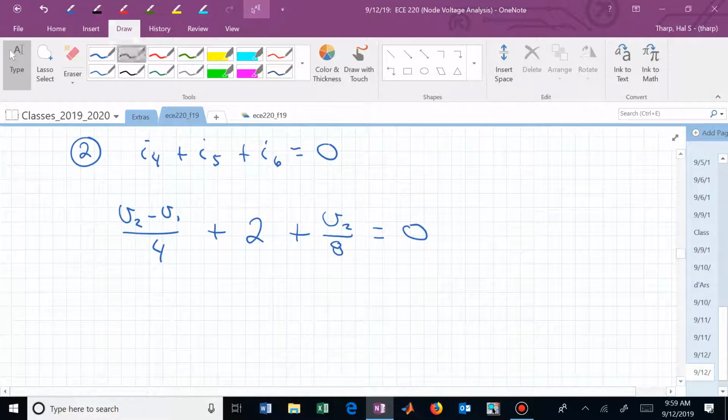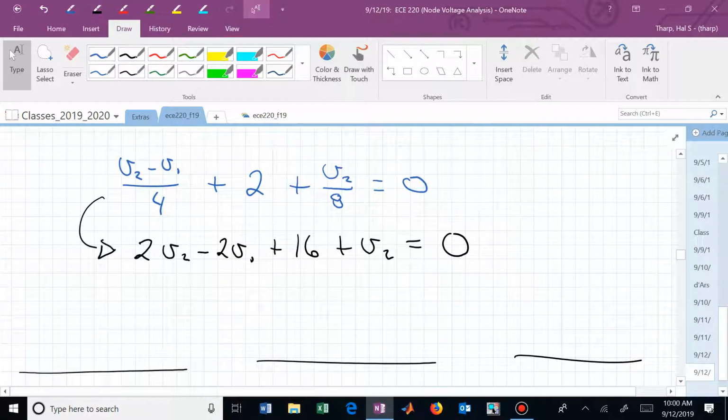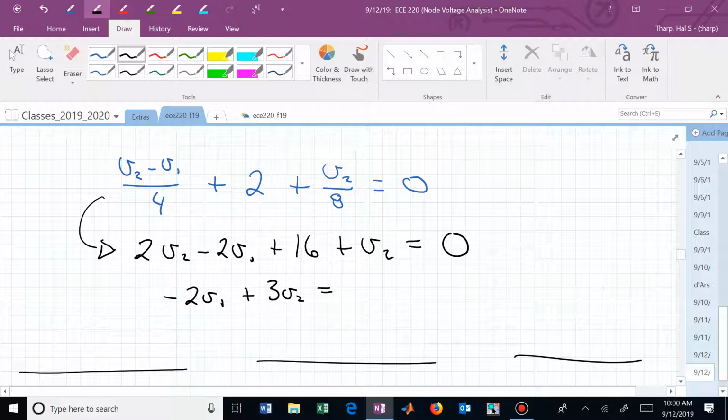We can clean that up if we want by multiplying everything by 8. You have 2V2 minus 2V1 plus, what did I multiply by? 8. 16 plus V sub 2 is equal to 0. Or, that now says I have minus 2V1 plus 3V2 equaling minus 16.